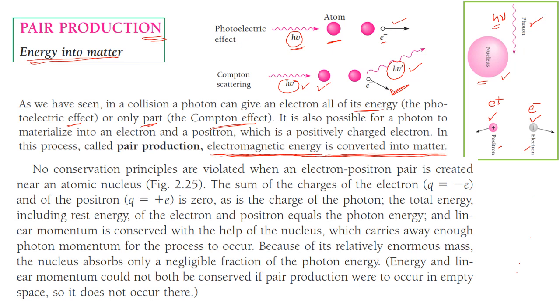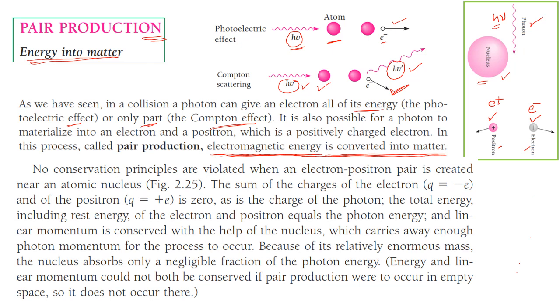As we know, in any process there are conservation laws that must hold good: energy conservation and momentum conservation, and similarly we are going to check here the conservation of charge also.